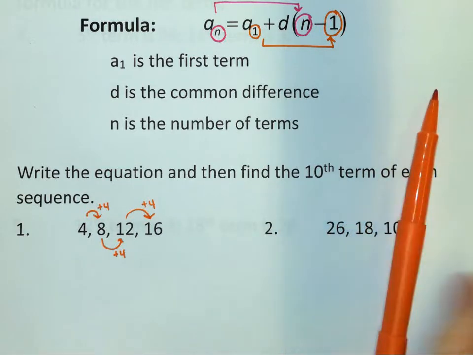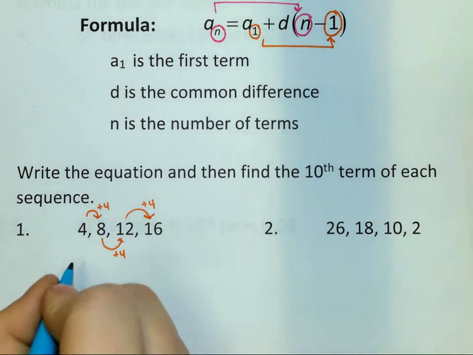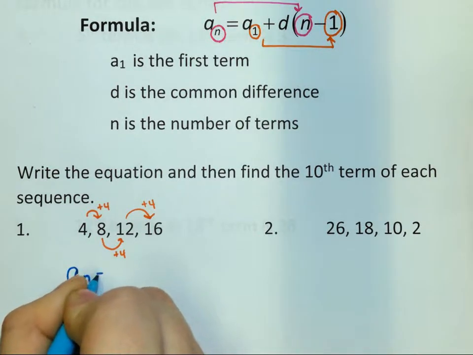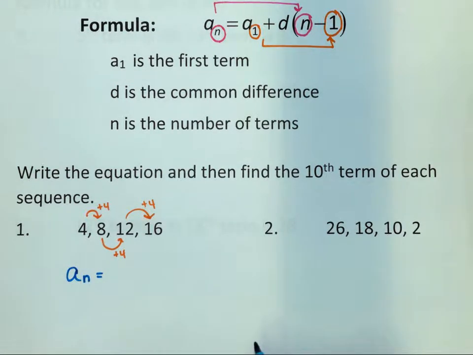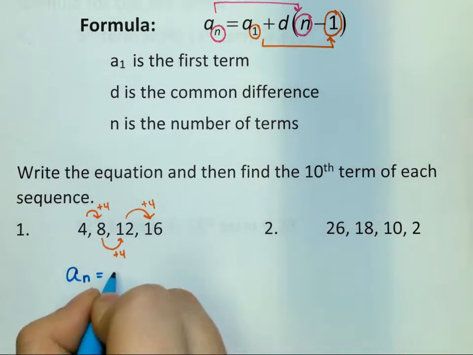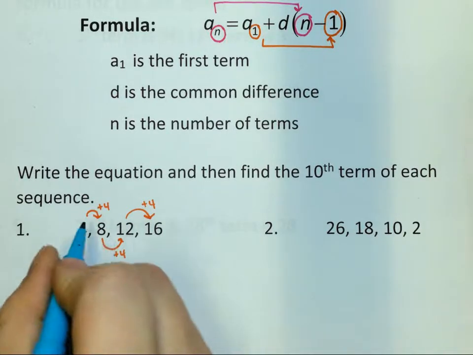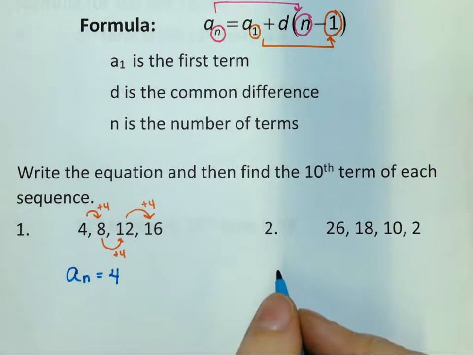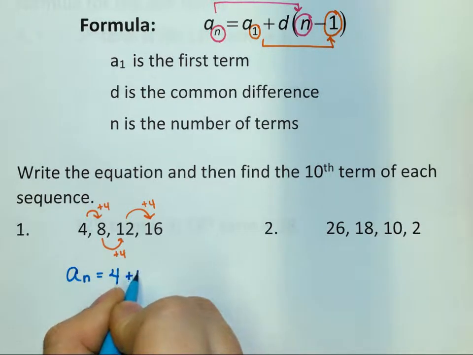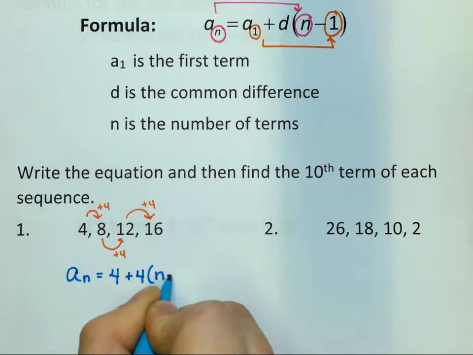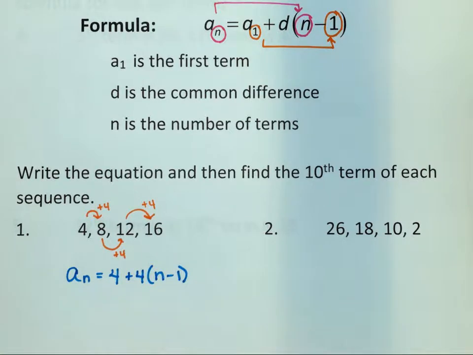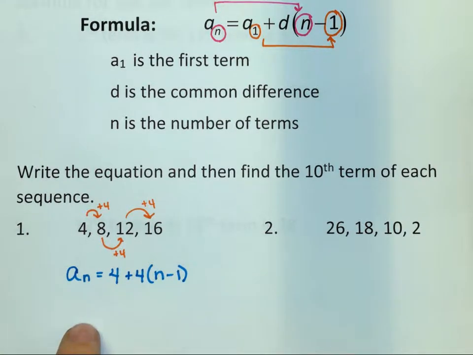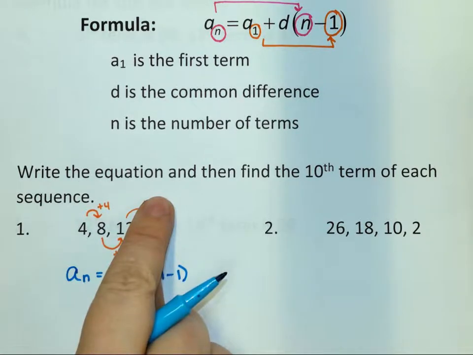So what we're going to say is we're going to write the equation. So to find any term, take the first term. What is the first term? 4. And what are we doing over and over again? You're adding 4 times n minus 1. Is it n minus 1 or 10 minus 1? N, because this is just the equation.